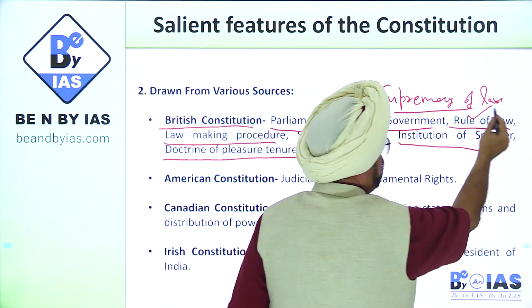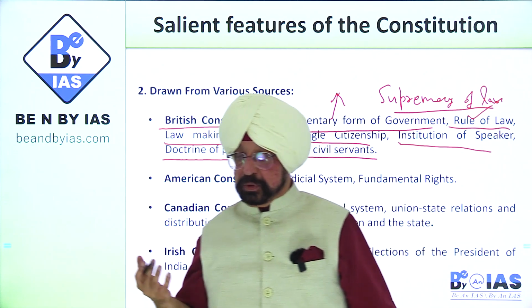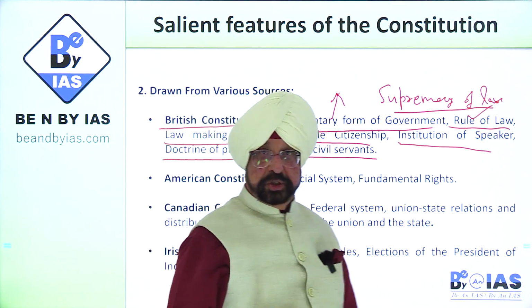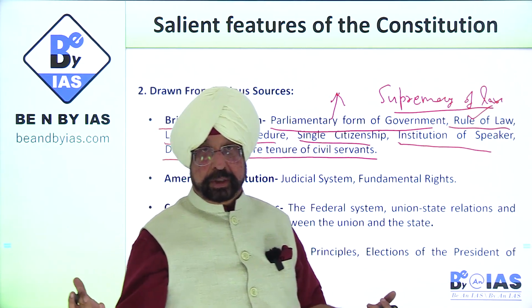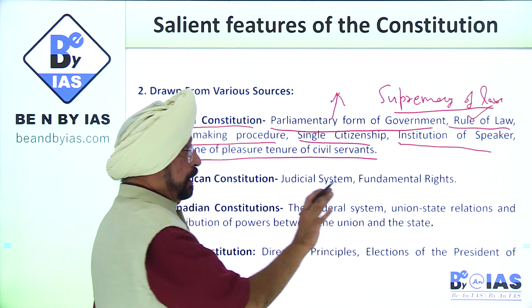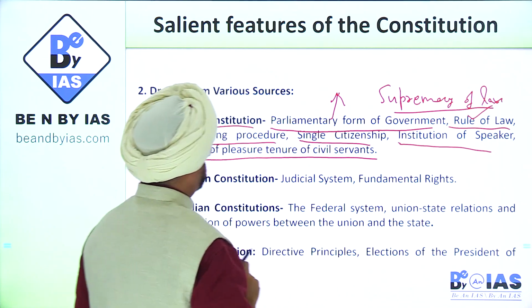And nobody, whosoever high he may be in terms of the hierarchy or in terms of his position, is above law. Law is the same for everybody. And law is supreme. This is the simplest meaning of rule of law.